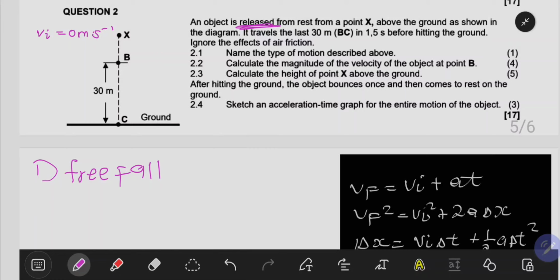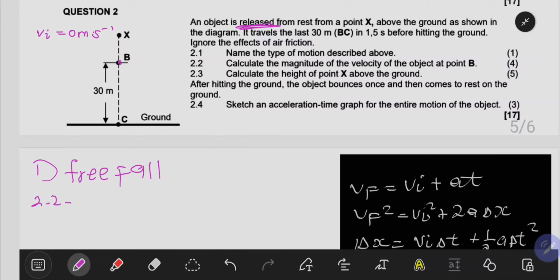All right. So the second one, which is 2.2, says calculate the magnitude of the velocity of the object at point B. They want the magnitude of the velocity here.